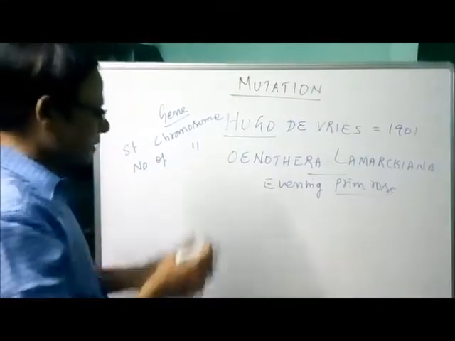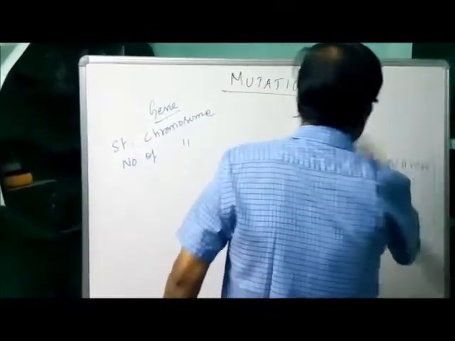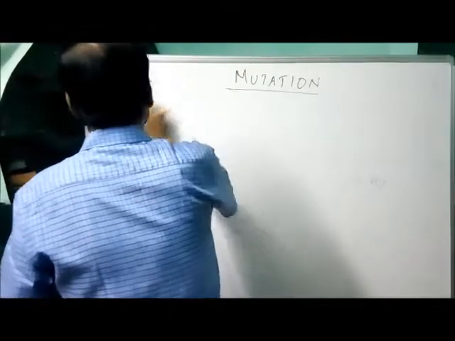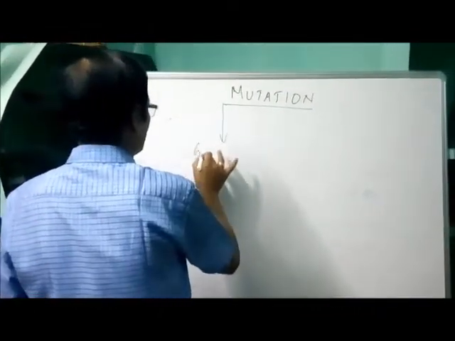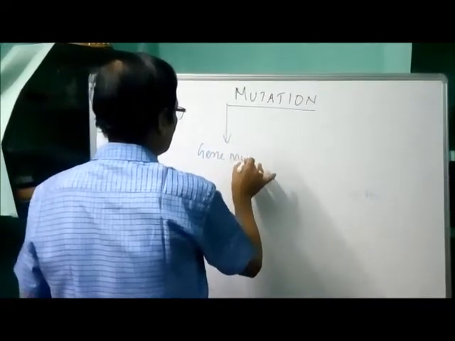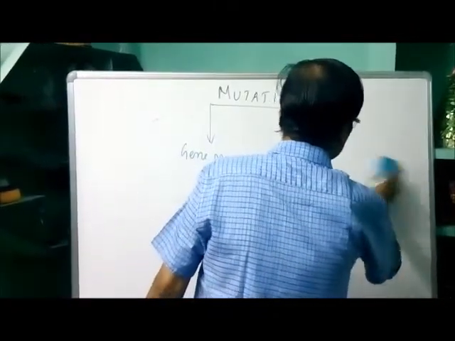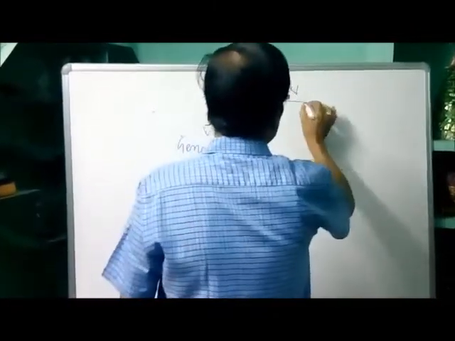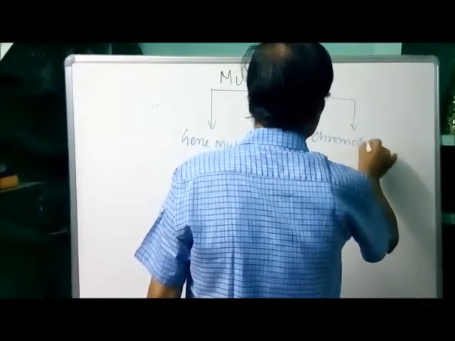So what are the three types of mutations? What I mentioned here. One, change in structure of gene, that is called gene mutation. Change in structure of chromosomes or change in number of chromosomes, that is called chromosomal mutations.